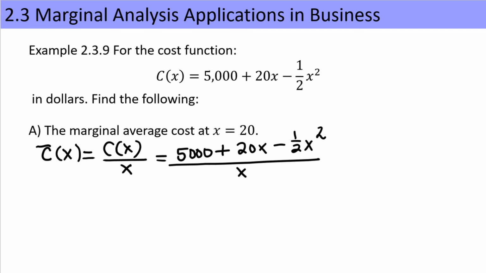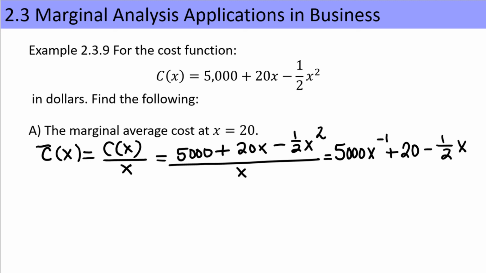Let's do term by term division. Then you will have 5,000 divided by x, which is the same thing as 5,000 times x to the minus 1, plus 20x divided by x, the x's cancel. Then we still have minus 1/2 x squared divided by x, which leaves 1/2 x.